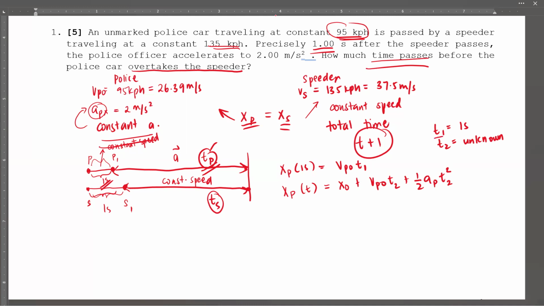Kaya magsiset tayo ng ganito, t1 and t2. So, ito yung total distance traveled ng police, therefore is yung sum nito. Ito yung distance traveled at 1 second, at ito naman yung distance traveled in the unknown time. Okay, so that's for the police.